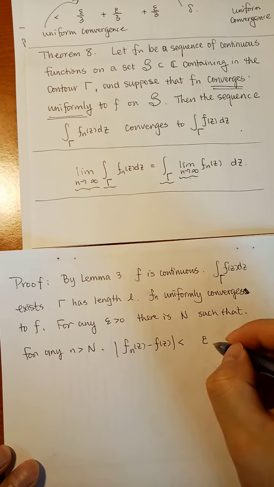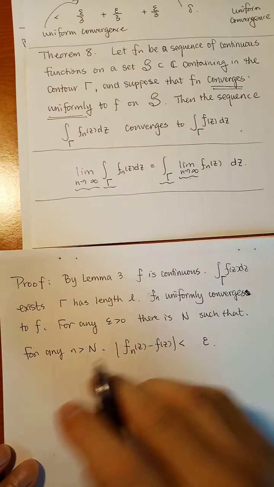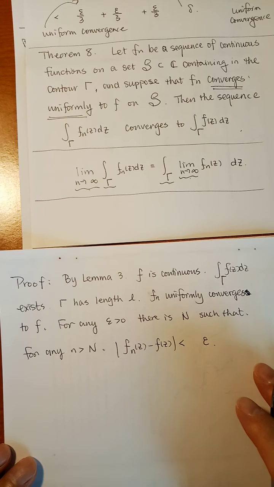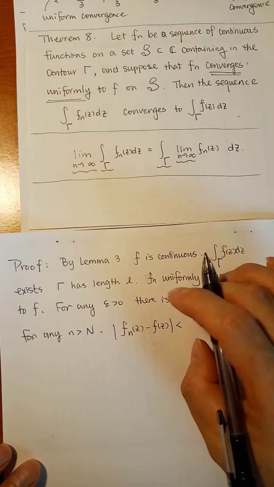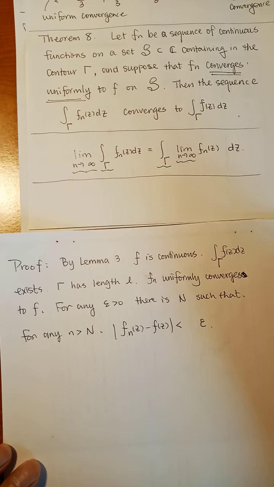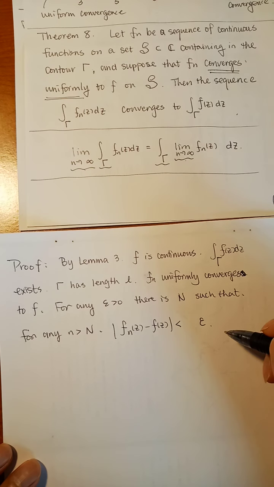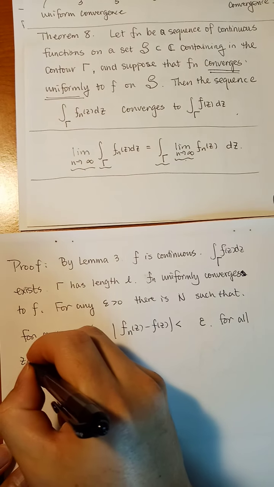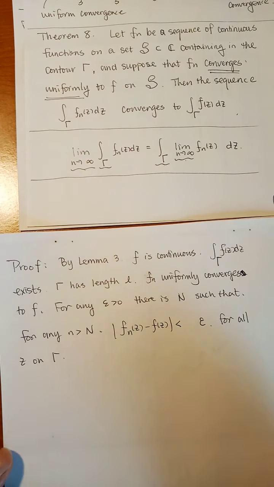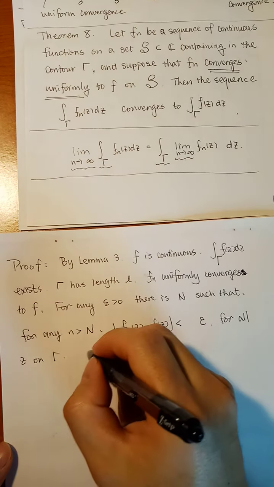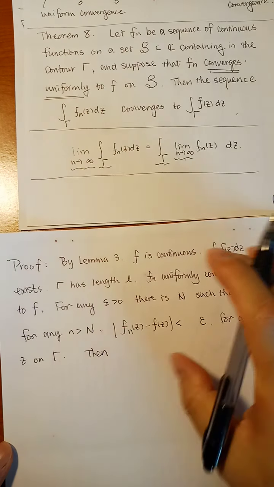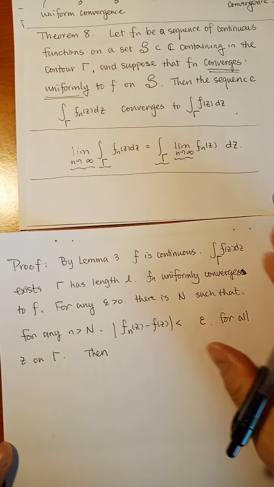Let's leave a blank here. At this moment, because we haven't done the future computation, we don't know what the coefficient is. Let's leave this coefficient here, for all z on gamma. This is a preparation. Basically, this is all the information we know.